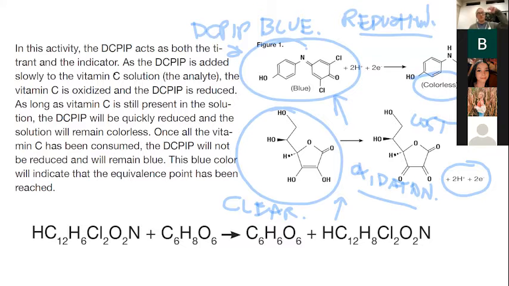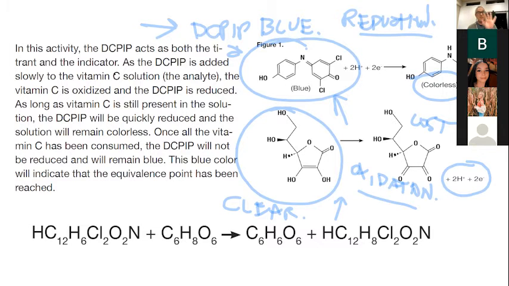So I'm going to take a blue liquid and add it to a clear liquid, and it should go from blue to clear. Why? Because the vitamin C is being oxidized and giving electrons to my indicator, which is DCPIP. It will go from blue to clear, as long as there's vitamin C there to get oxidized.